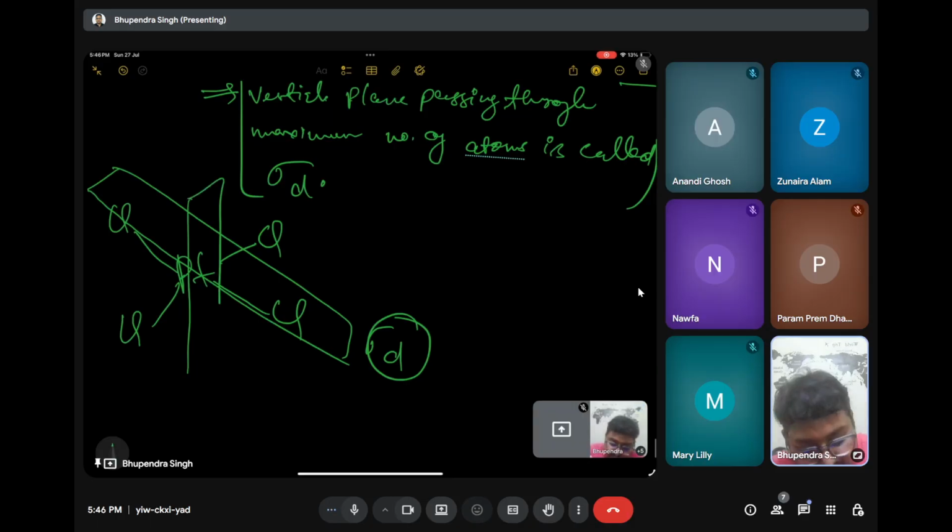If you have competition between these two, which one you call sigma d and which sigma v, when sigma h is not present, the plane which contains more atoms will be called sigma d.